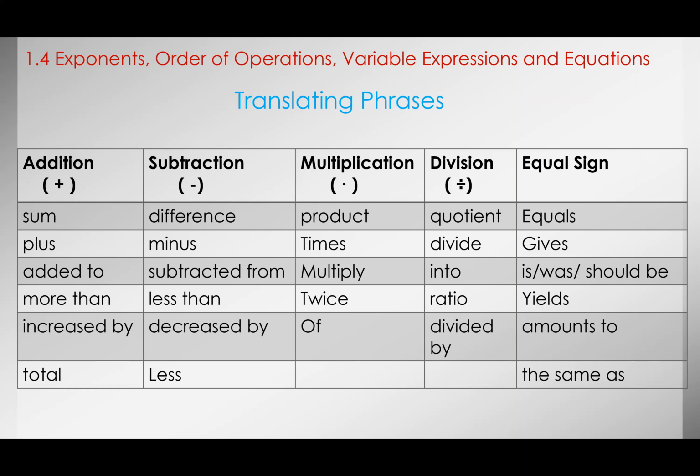If you see the word sum, plus, added, more than, increased by, or total, it gives you addition. So this is just a list of English language that corresponds to math operations. For now, I just give it here so that you have a copy of it, okay?